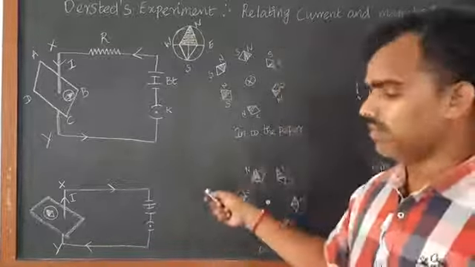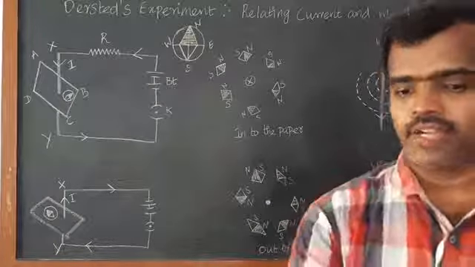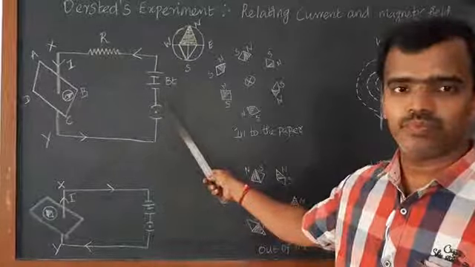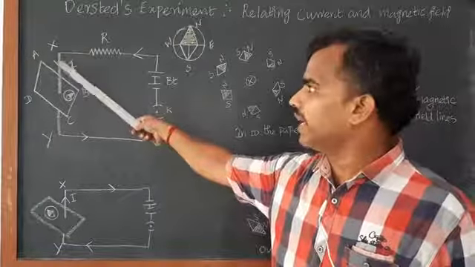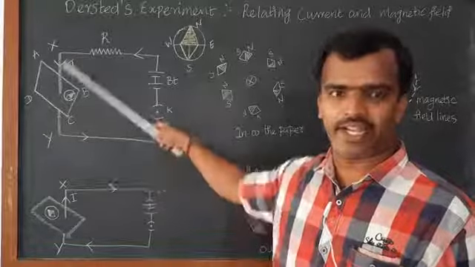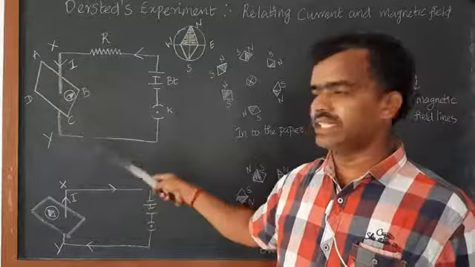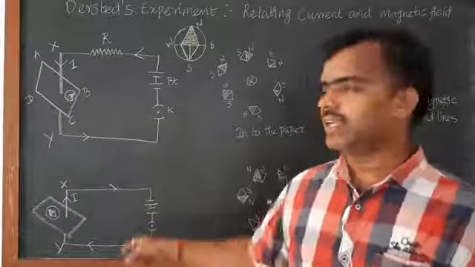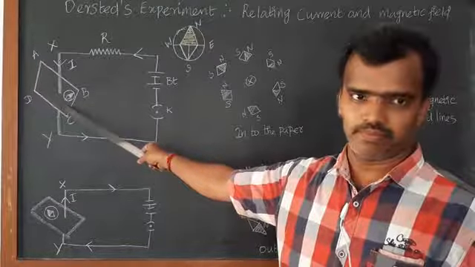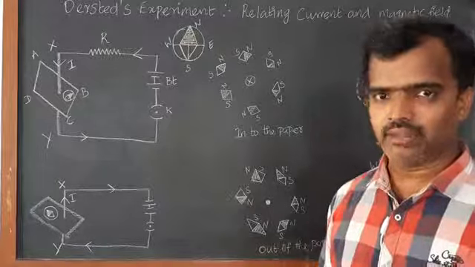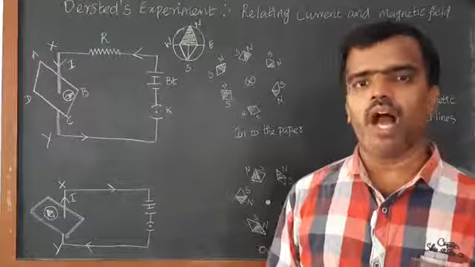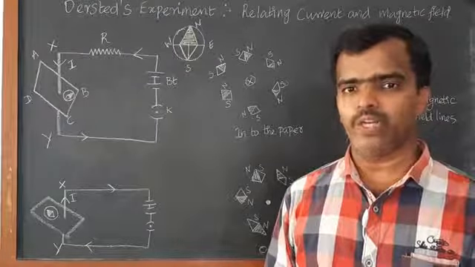Here we have a battery, and that battery is connected to one resistance, and here we have one conductor, X Y is a conductor, and this ABCD is the plane of paper, and here I am going to use one compass needle. As we have studied in the last chapter, the current flow is always from positive terminal to negative terminal.